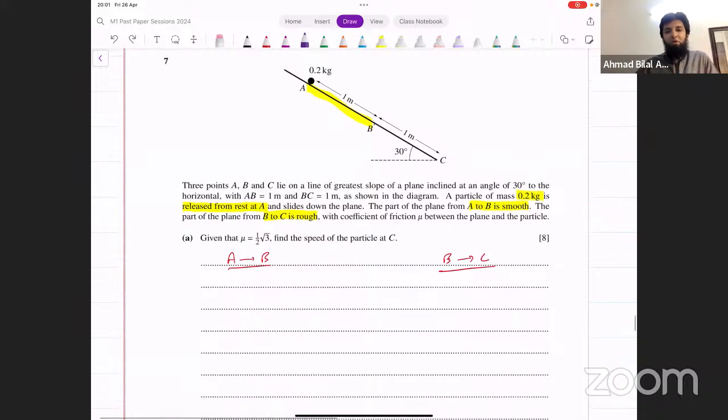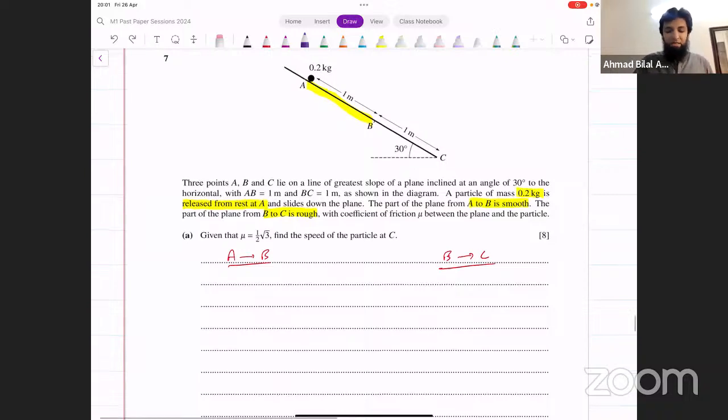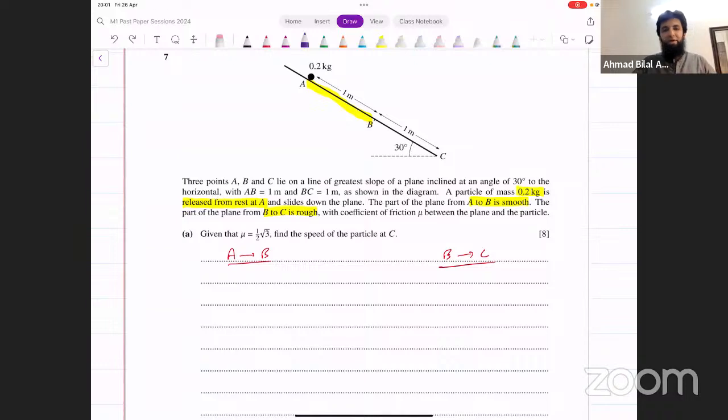The only force acting on the particle is the weight of the particle, or a component of weight. There's no other force acting on the particle apart from weight. When weight is the only force acting on a particle on a smooth inclined surface, acceleration is given by 10 sine theta, where theta is the angle of inclination of the plane.